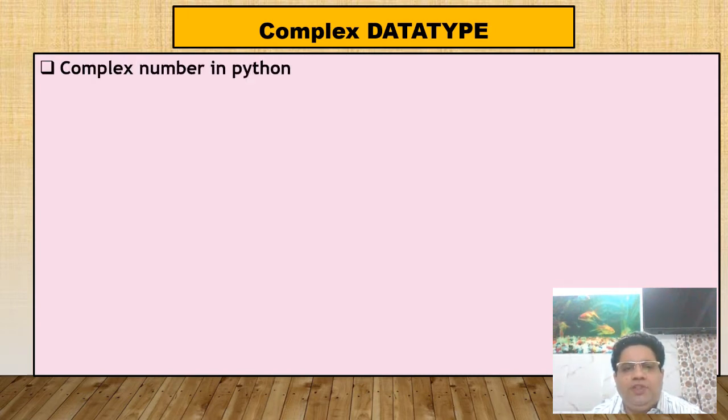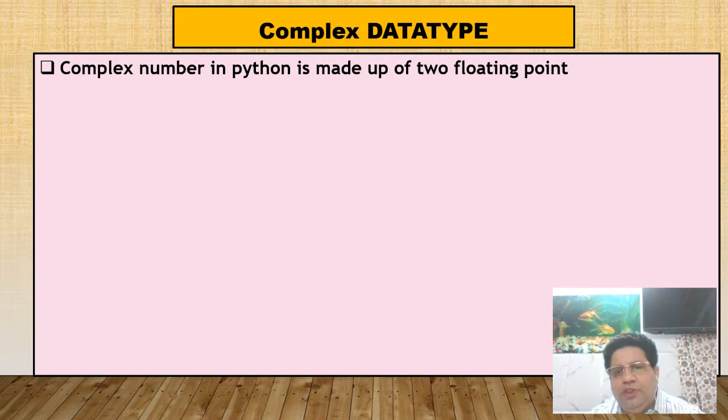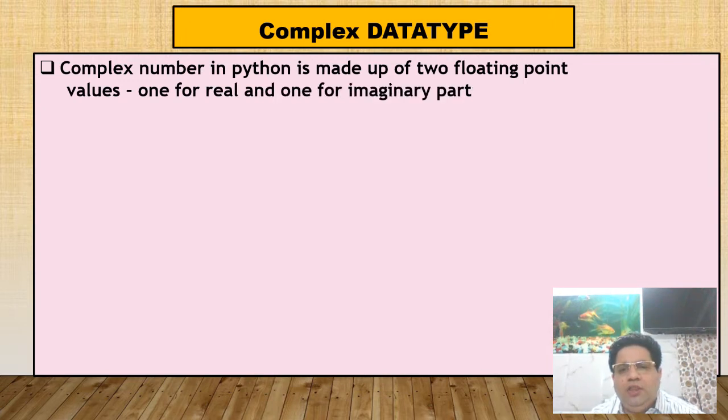Now you all have used the complex numbers in mathematics. A complex number consists of two parts: one is the real part and the other is the imaginary part. So a complex number in Python is made up of two parts, one is real and the other is imaginary, and these two parts are in the form of floating point values in decimal point.